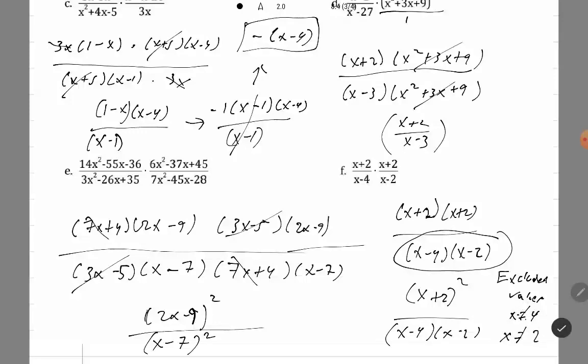Because if I plug x equals 4 in the denominator, I'll get a 0 in the denominator, which will make it undefined. You cannot divide by 0. Same thing with 2. If I back up into all these questions, you set each little piece before you cross anything out. You set the denominator equal to 0.